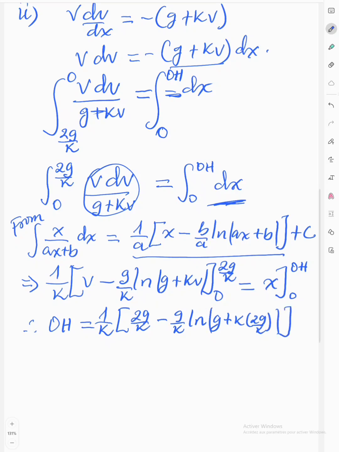That is the substitution of the upper limit minus 1 over k into the substitution of the lower limit, where v is 0, so we have 0 minus g all over k ln of g plus 0 kv, and v is 0, so we have g plus 0.